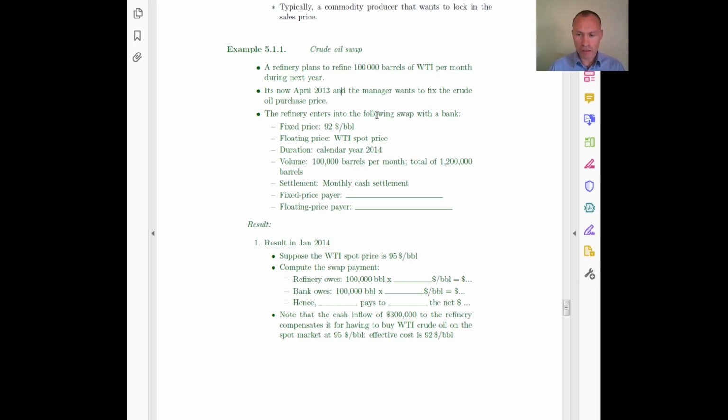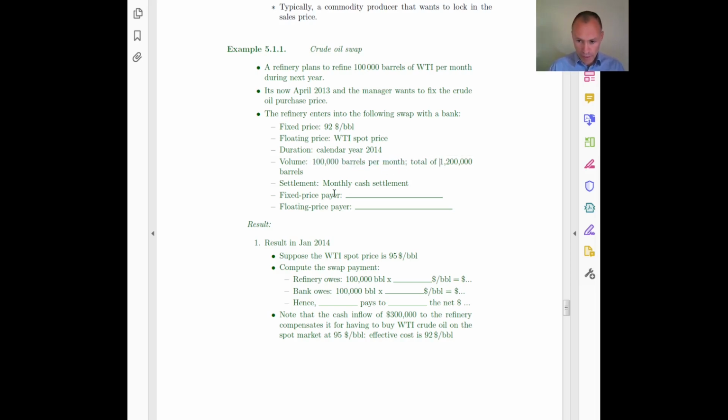So let's say the refinery can trade the swap with a bank, and these are the characteristics of the swap. The floating price, the one that will change through time, has to be tied to some index, and in this example it is the WTI spot price. This will last for the full calendar year, with 100,000 barrels per month, which is what the refinery plans to use, which totals this amount over the year.